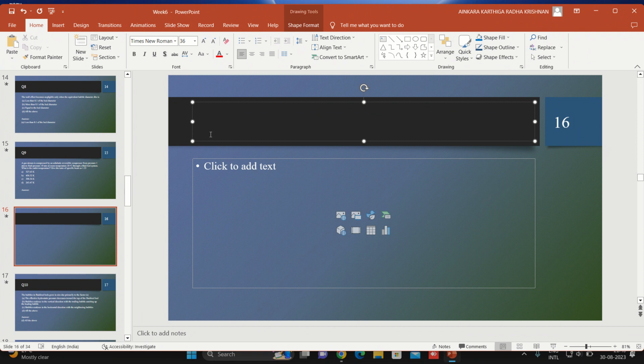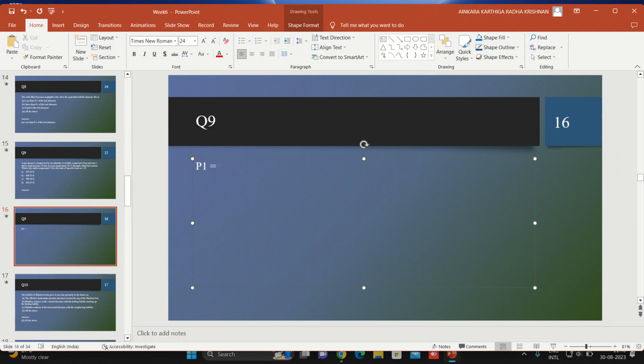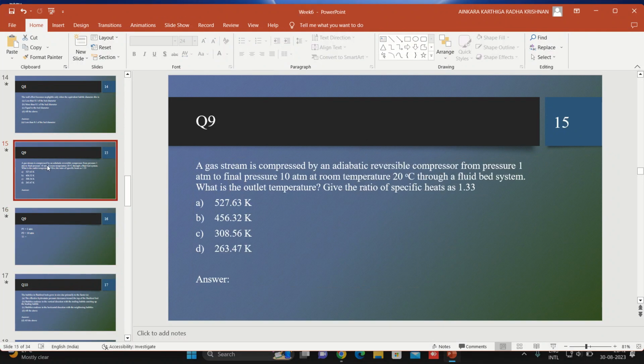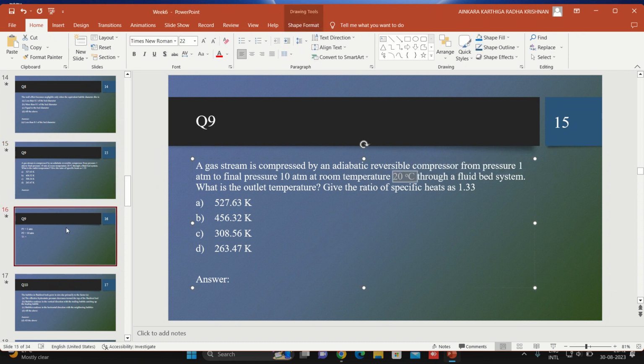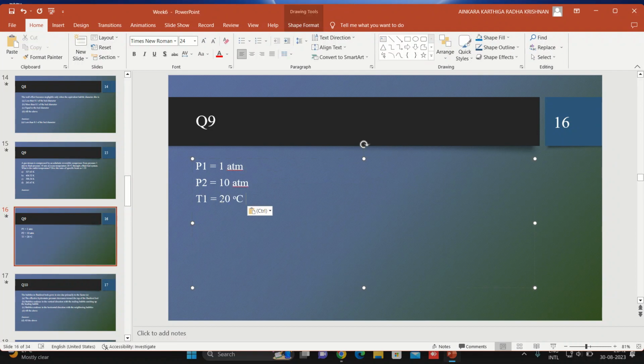Question 9. P1 is equal to 1 atmosphere. P2 is equal to 10 atmosphere. T1 is equal to 20 degrees Celsius, 293 Kelvin.